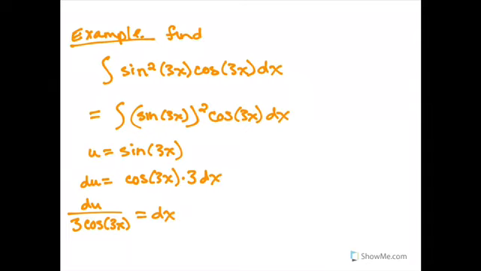So when we rewrite this integral now, we're going to get the integral of u squared times cosine of 3x.